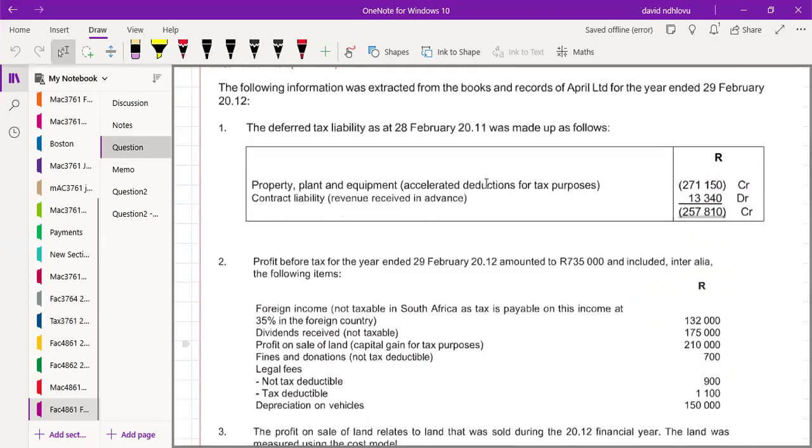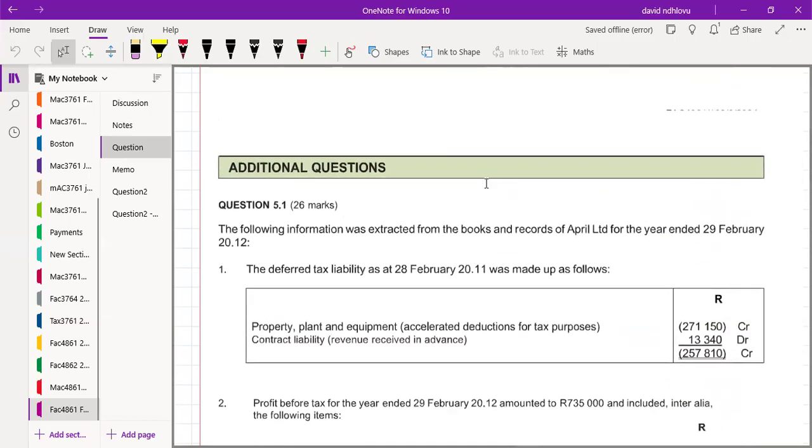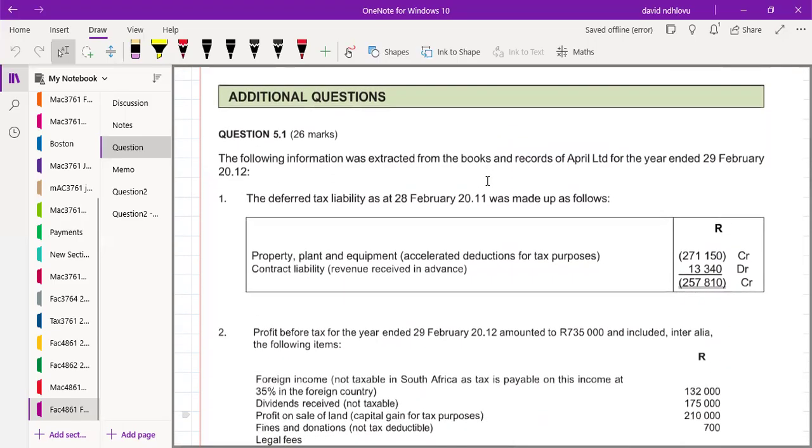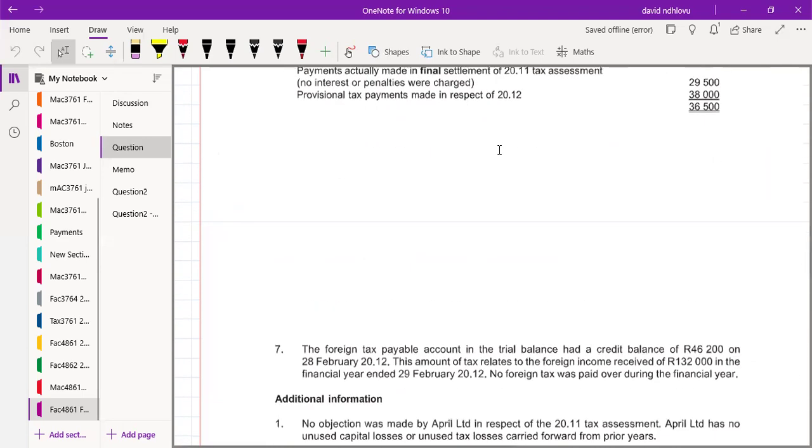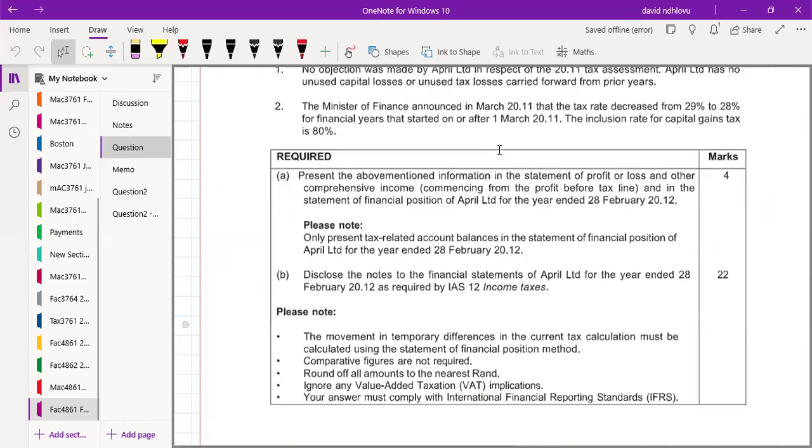Right, so this is the question that we have, tutorial letter 102. If you already have your material for CTA, you do have the material. So we are looking at question number 5.1. So you have to go on your tutorial letter 102 to topic number 5, income tax. Now, in terms of the requirements, this is what they want.